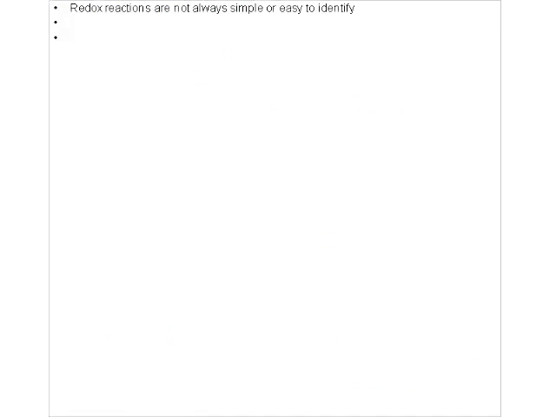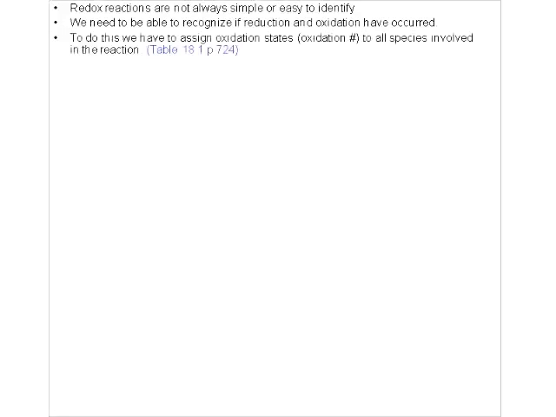Okay? Some of these are not always easy to identify. So we want to be able to recognize if any oxidation and reduction occurs. In order to do this, we want to be able to quickly and easily look at these oxidation states to see if there is any change in the electron numbers. A simple way to do this is there's a table on page 724 of your text, table 18.1.